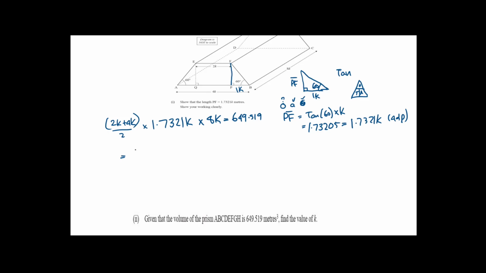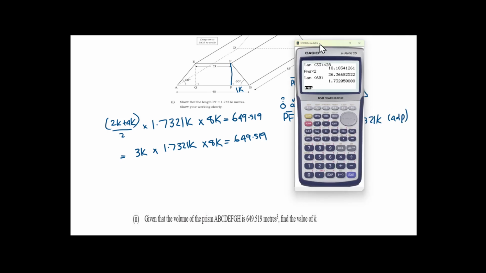So let's simplify it a little bit. 6K divided by 2 is 3K times 1.7321 K times 8K equals, and because I'm just super lazy today, I'm going to put that straight in the calculator.